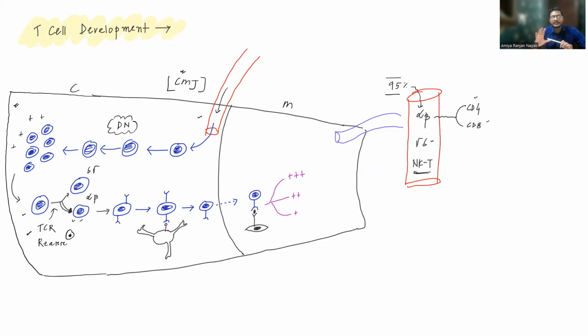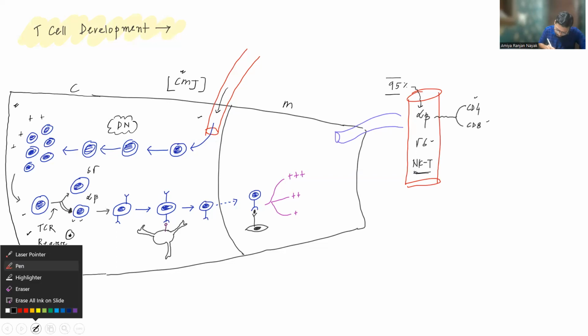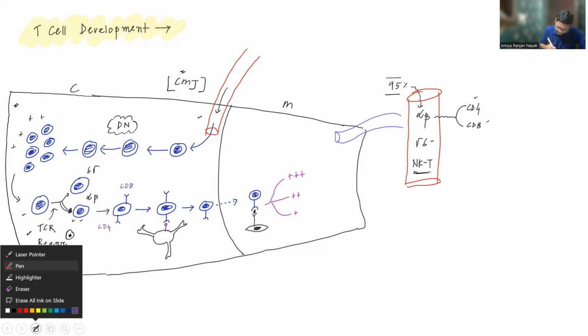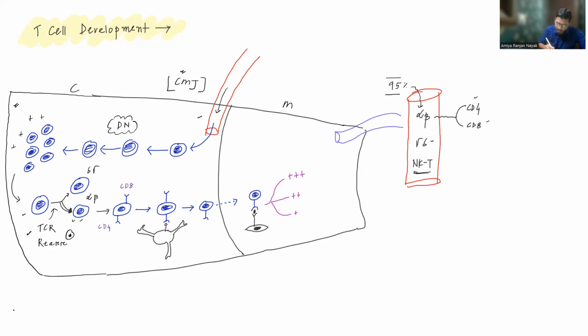So once alpha beta receptors are formed, then they will produce the co-receptors. As I have told you previously, the co-receptor can be CD4 or CD8. But initially, the developing T lymphocyte, after it produces the alpha beta T cell receptor, will have both CD4 and CD8 co-receptors.